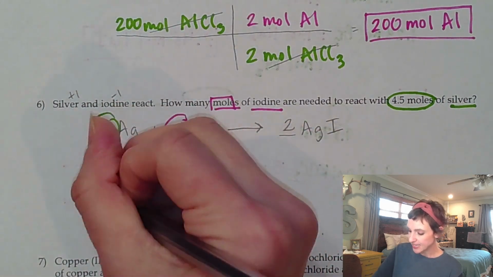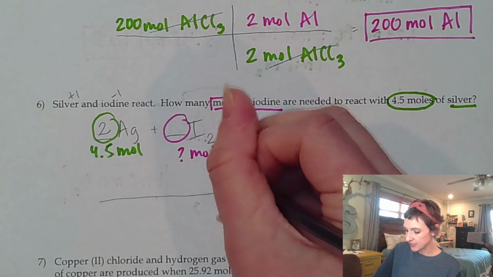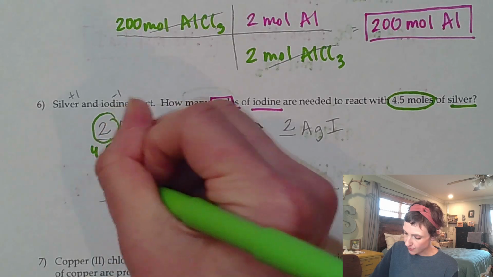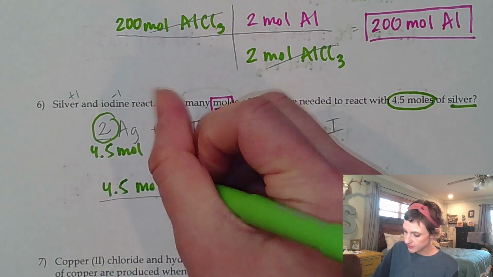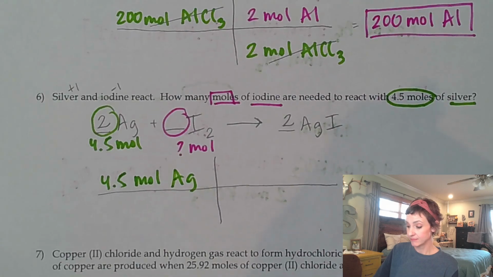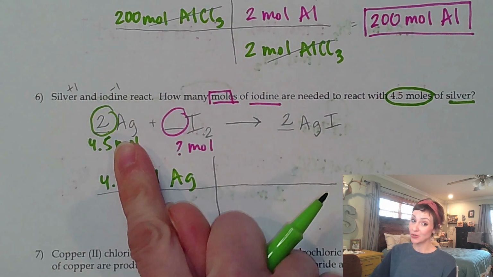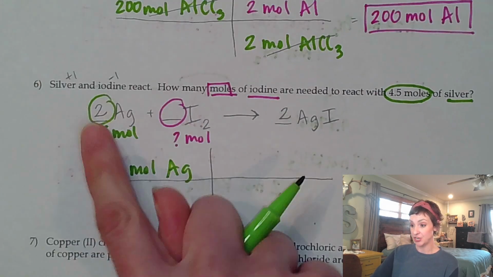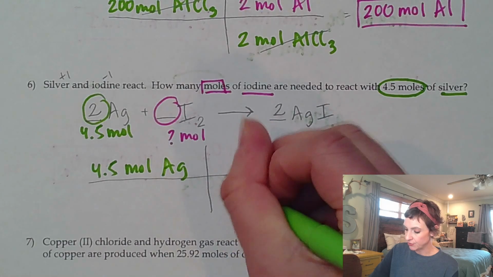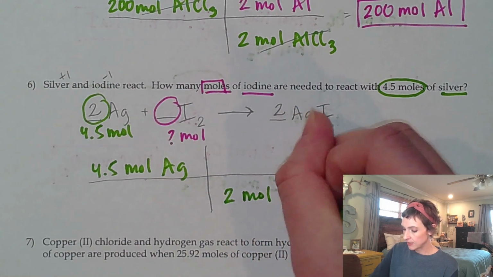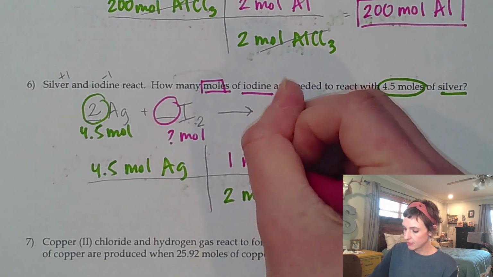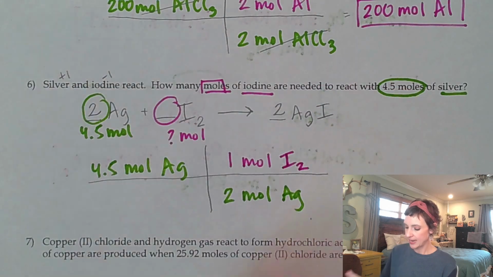So I'm super excited because that is only 1 step. My given is 4.5 moles of silver. So to get out of moles of my given, to get to moles of my unknown, I use the mole ratio, which states there are 2 moles of silver for every 1 mole of iodine.